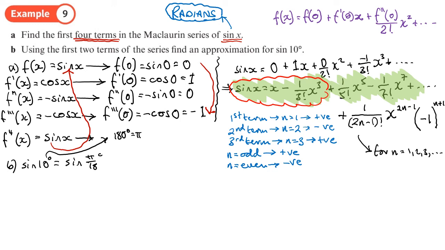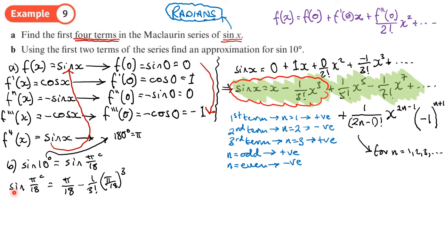So the sine of pi over 18 radians, we plug into the expansion, which would be pi over 18 minus 1 over 3 factorial pi over 18 cubed.